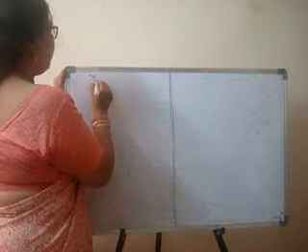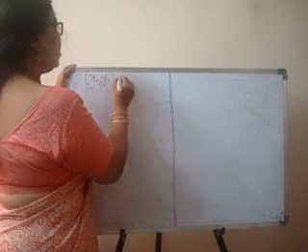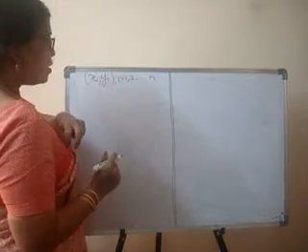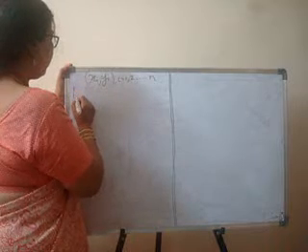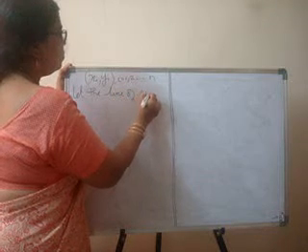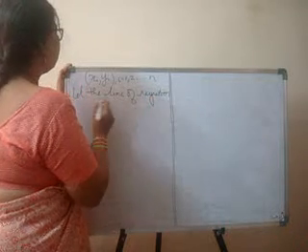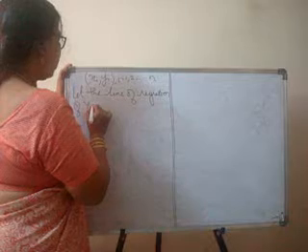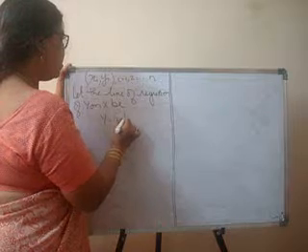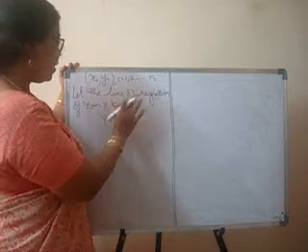First, let us suppose that we have a bivariate distribution (xi, yi), where i takes the values 1 to n, and y is dependent and x is independent as we said, and let the line of regression of y on x be y equals a plus bx.